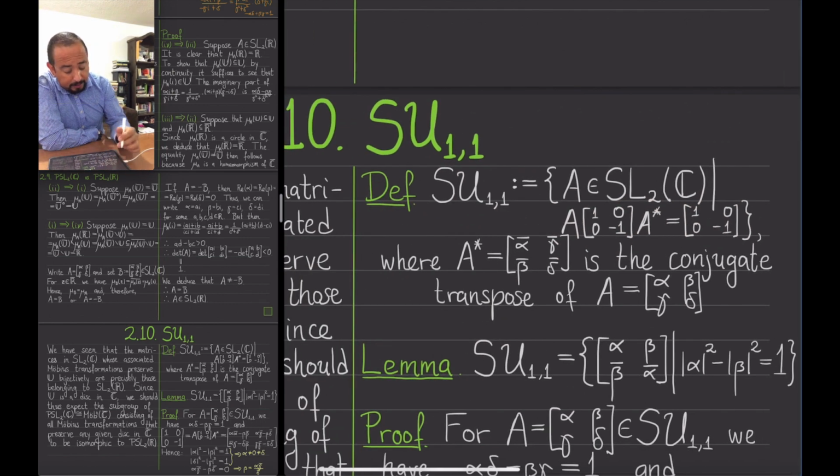So A times that matrix times the conjugate transpose of A is this matrix. So here you see A star is the conjugate transpose of A.